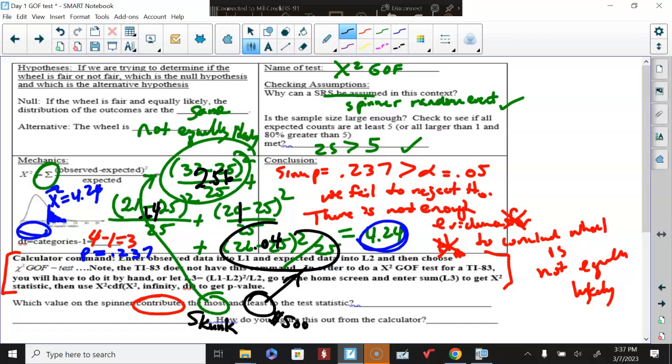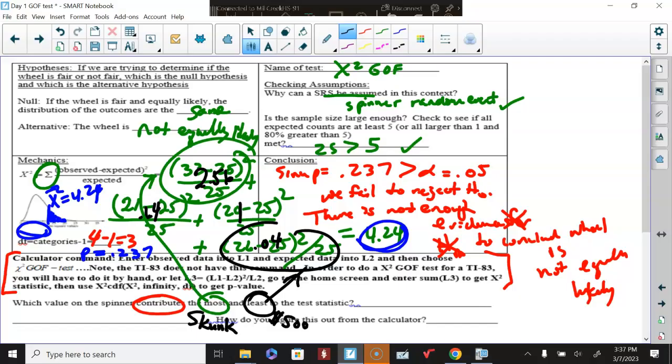And that's because if you look at the observed and expected values, on the $500 category, the observed was 26 and the expected was 25. So those two values are pretty close. So 26 minus 25 squared over 25 is going to be a smaller ratio than the very first category of the skunk, where the difference between the observed and expected, 33 and 25, was much larger.